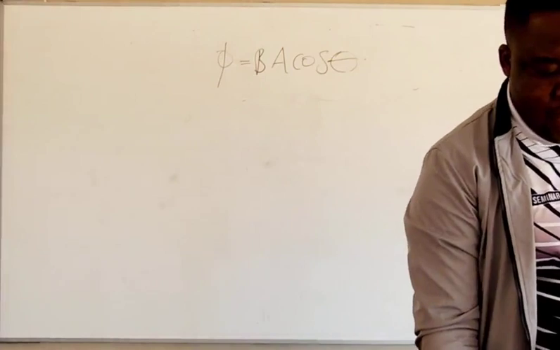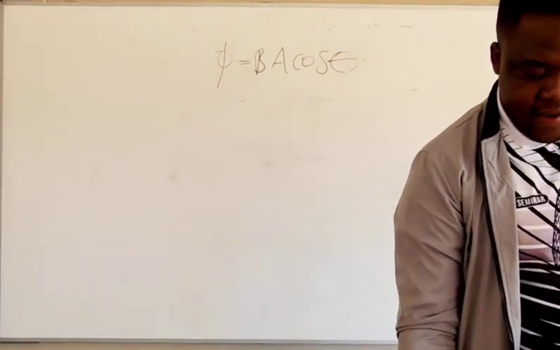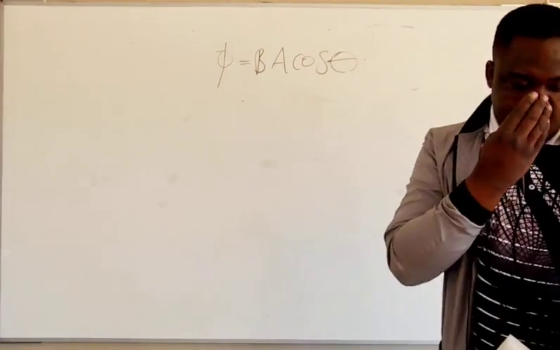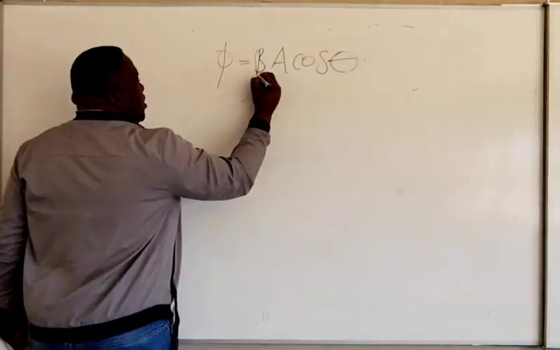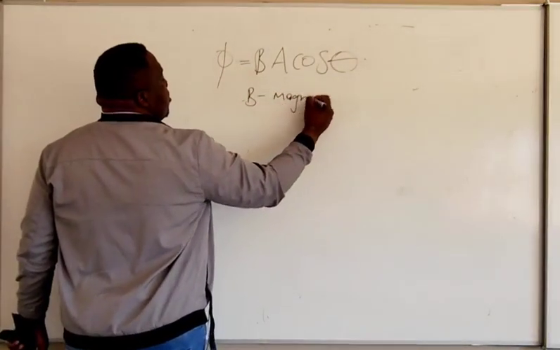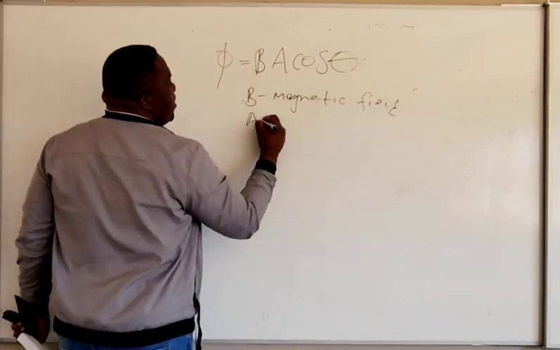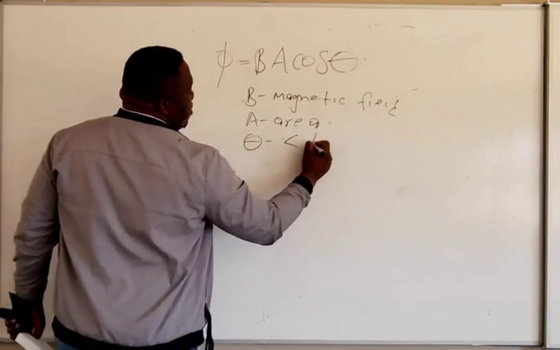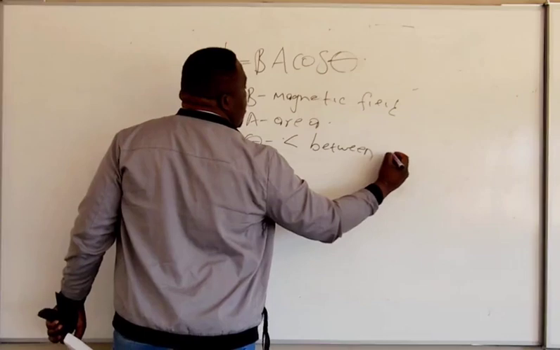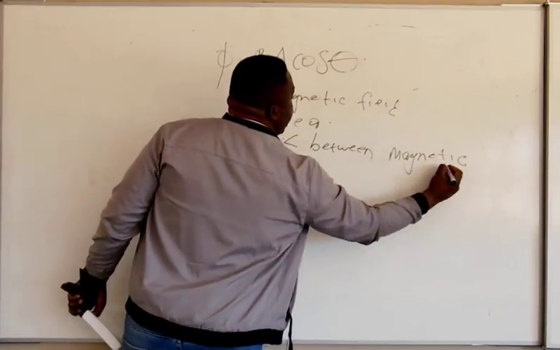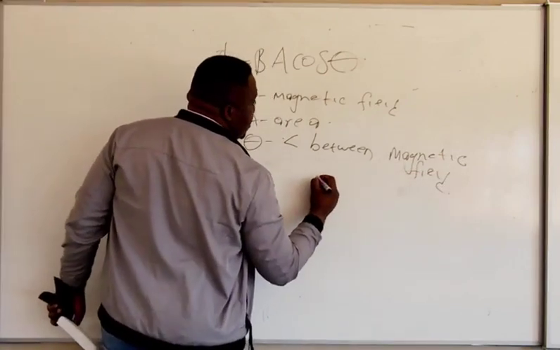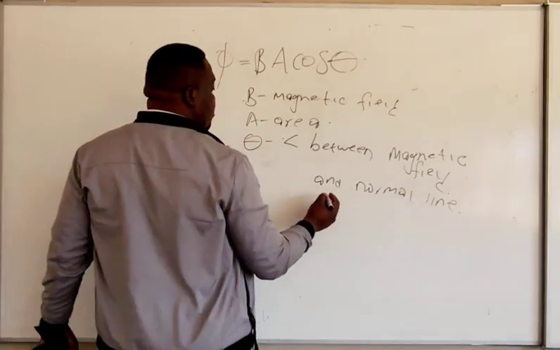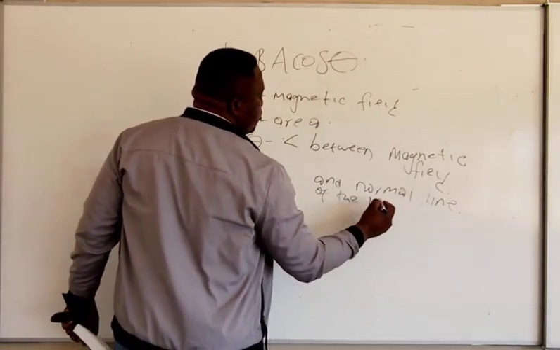When you remember what you were taught in grade 11, you know that magnetic flux is given by BA cos theta, whereby B represents the magnetic field, A is the area of the loop, and theta is the angle between the magnetic field and the normal line of the loop or the coil.